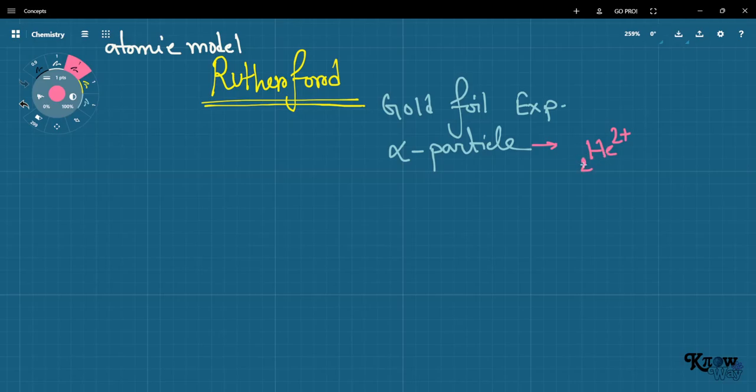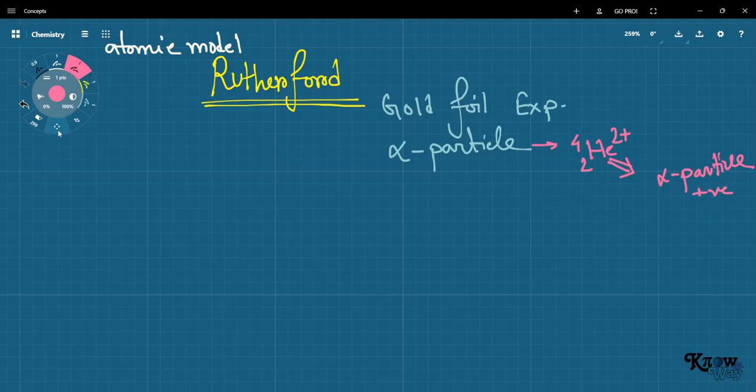We know helium is 2,4, right? So it had 2 electrons, but it lost the 2 electrons, so it is now dipositive. That means it is twice positively charged, and that dipositive particle is called the alpha particle, which is positively charged.